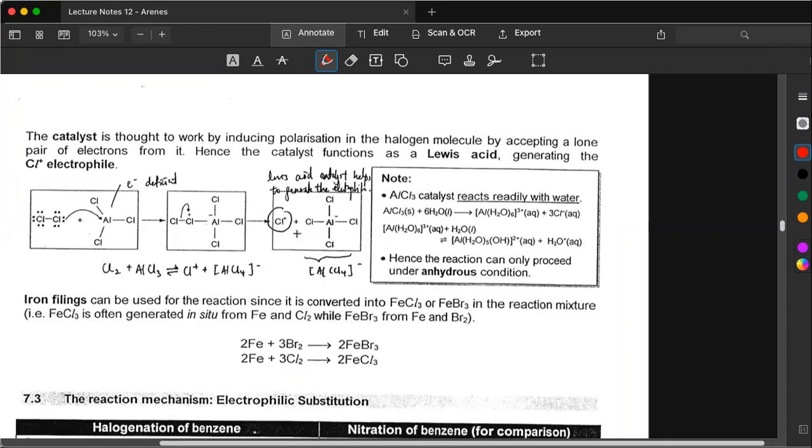The AlCl3 catalyst will actually react readily with water also. So we cannot have this in conditions with water, because there will be a reaction of AlCl3 with water. It's a hydration reaction, to form the complex. So it will not work in that case.